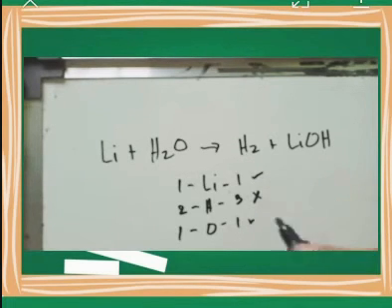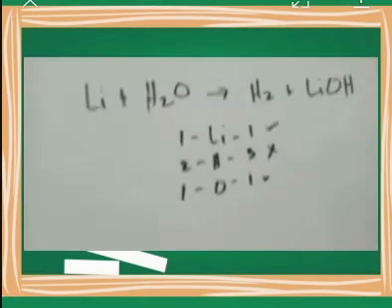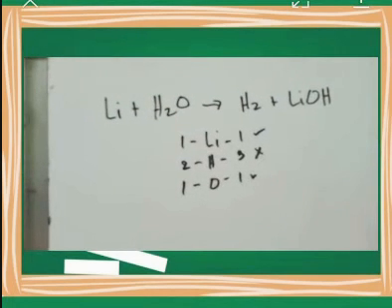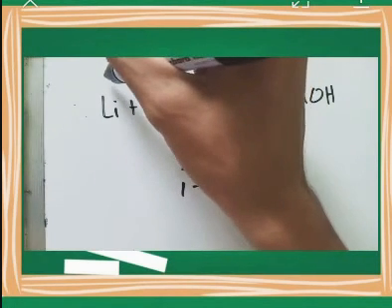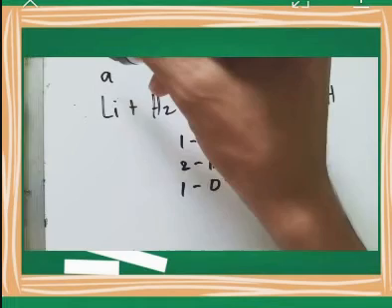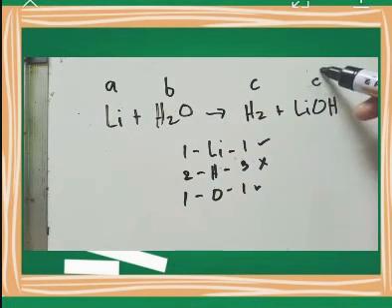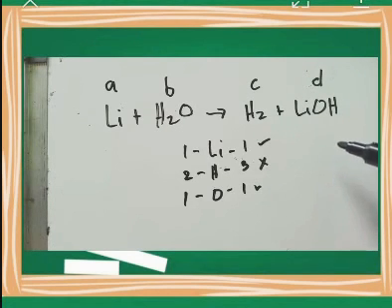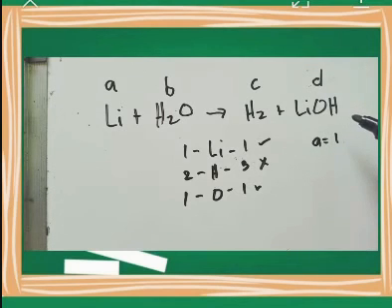Therefore, the next step in balancing chemical equations is assigning the variables. Each compound must have a variable: variables A, B, C, and D. The fourth step, we have to assume that A is equal to 1.